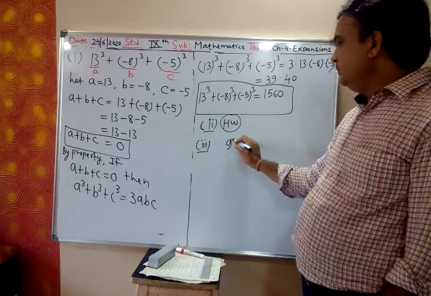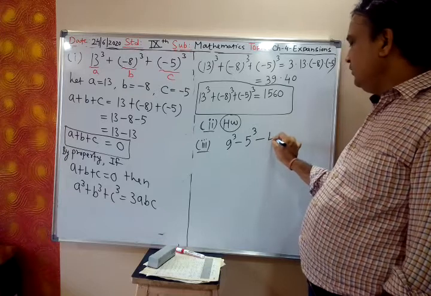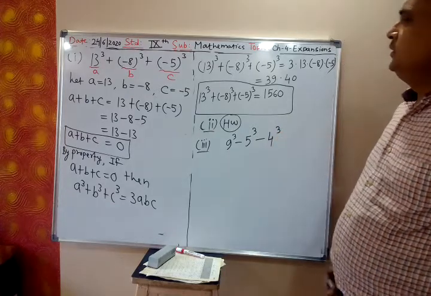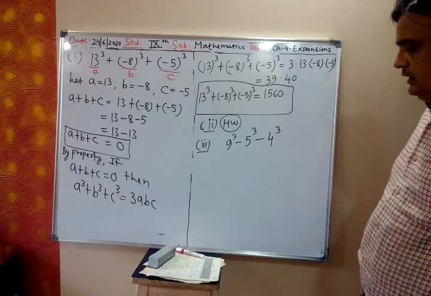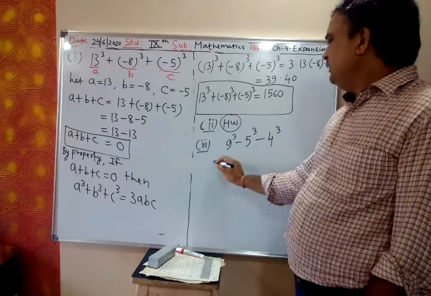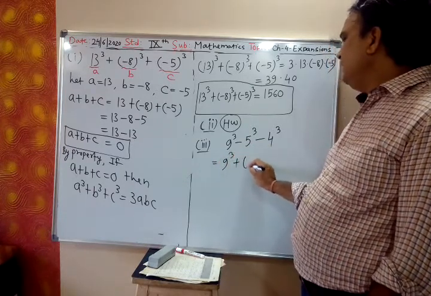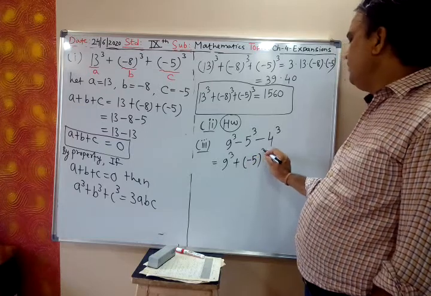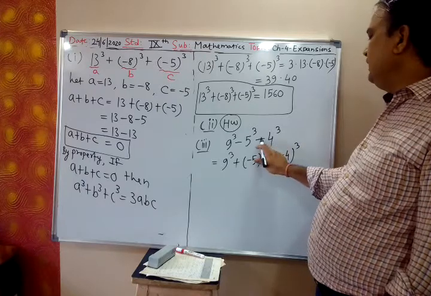9 cube minus 5 cube minus 4 cube. Using the property, evaluate this. So this we can write as 9 cube plus minus 5 cube plus minus 4 cube.